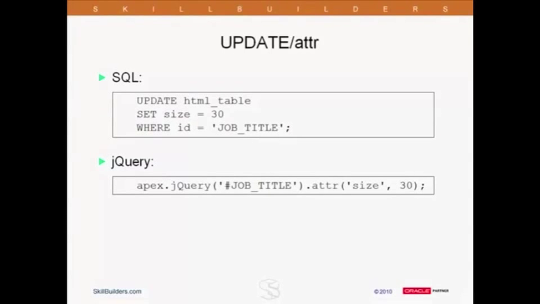You can see SQL at the top. We're updating the HTML table, setting size equal to 30, where ID equals job title. The jQuery equivalent below does the exact same thing. We're selecting job title by ID, the hash before ID, and we're setting the attribute size equal to 30.